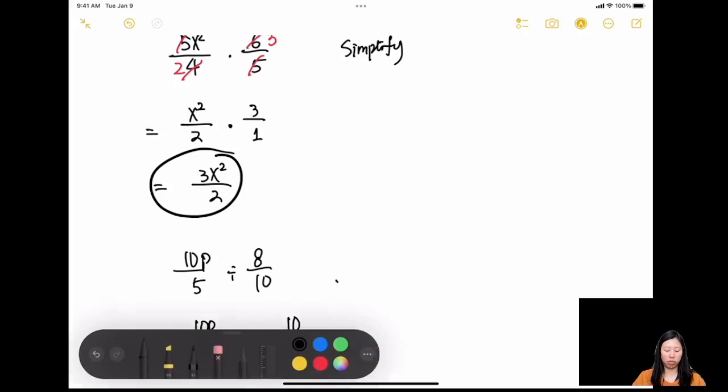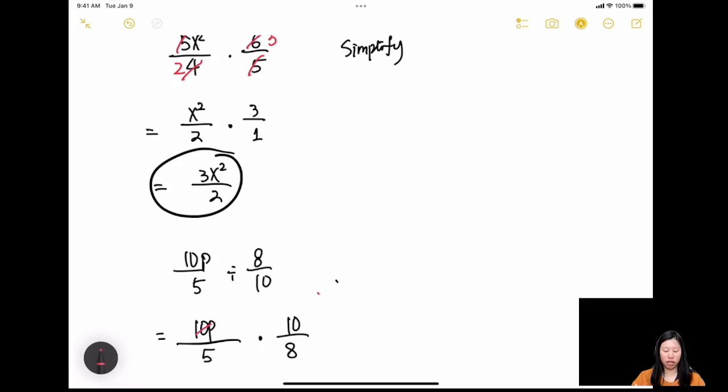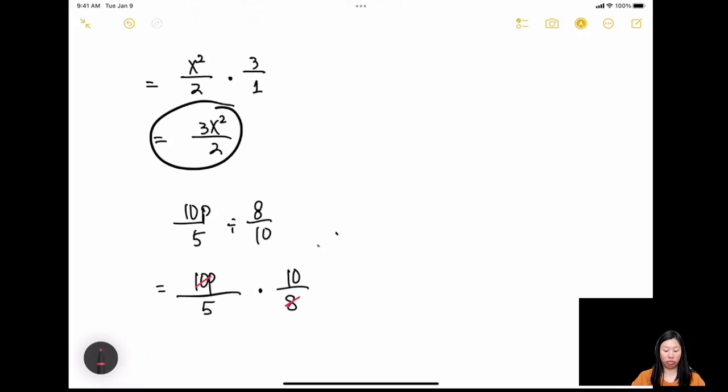Now let's simplify it. 10 and 10, they can simplify now because they're both on the numerator. But 8 and 10, they can be divided by 2. So I have 5 left, and here we have 4 divided by 2.